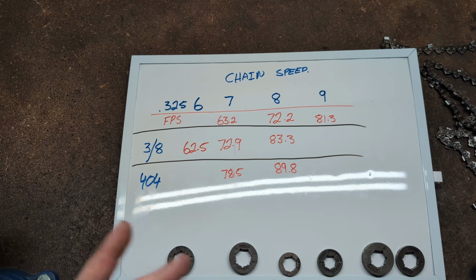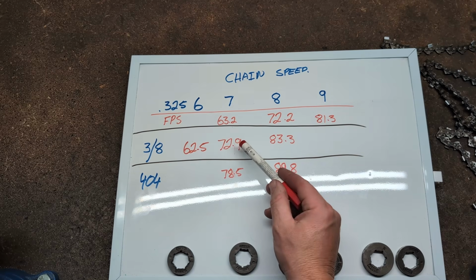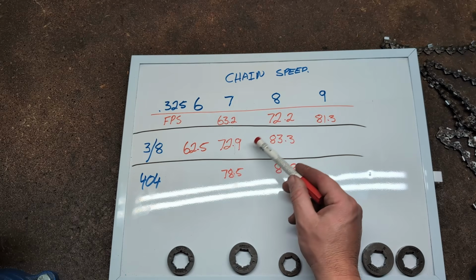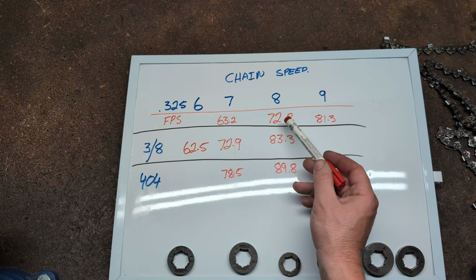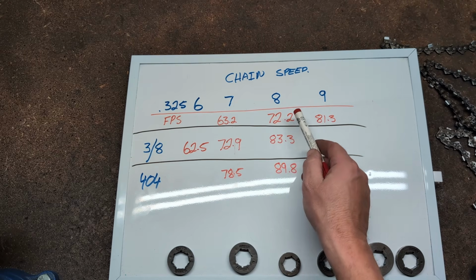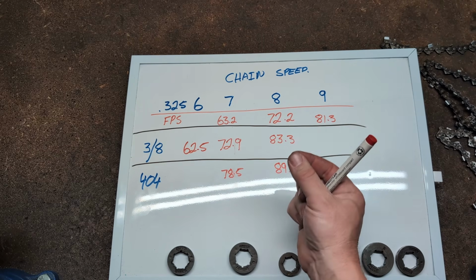Some people actually deliberately chase this because it's what they want. Overall, I haven't found it to make too much of a negative effect on things. So if we look at a 3/8 7 and a 325 8, while we're getting pretty much the same chain speed, more cutters will pass at any certain point within, say, a second on the 325 chain because they're closer together.